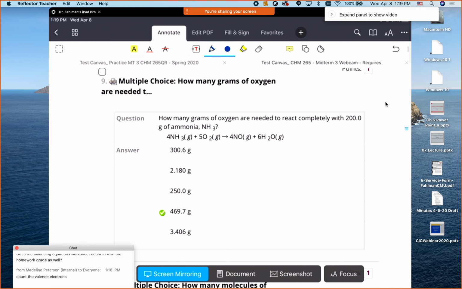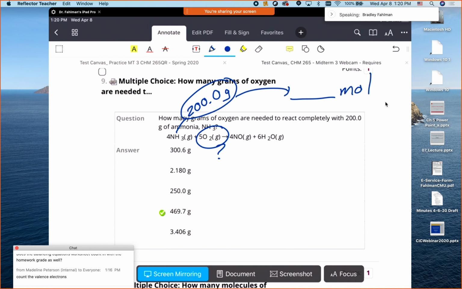How many grams of oxygen are needed to react completely with 200 grams of ammonia? Okay, and so for this one, you need to calculate moles. If you're given grams, you can convert it to moles just by using the molar mass, or molecular weight.